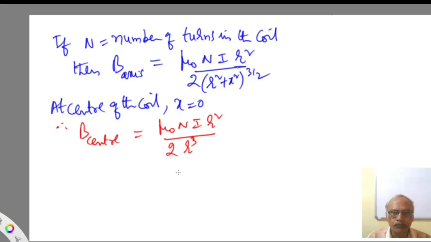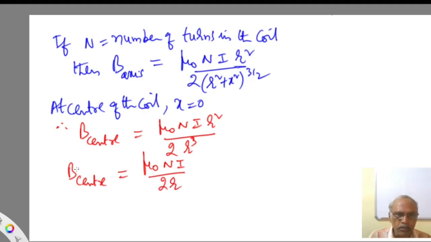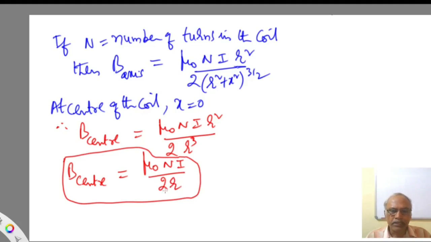One r gets cancelled out with r square. Therefore, the magnetic field at the center of the coil is equal to mu naught n I by 2r. This is the magnetic field at the center of a circular current carrying coil.